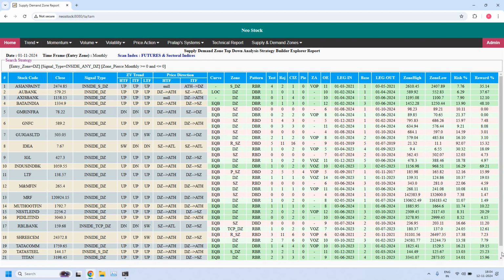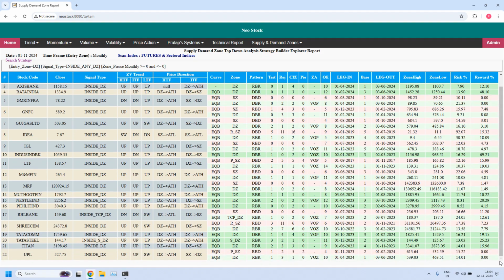This is the filter list. First 21 stocks where price closed inside the monthly zone. Scrolling the list down. So total 21 stocks are filtered where price closed inside monthly demand zone.